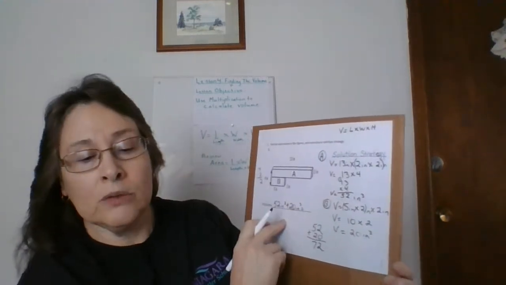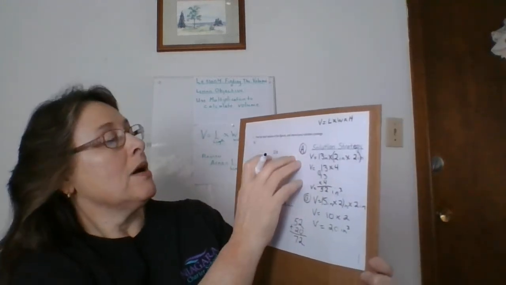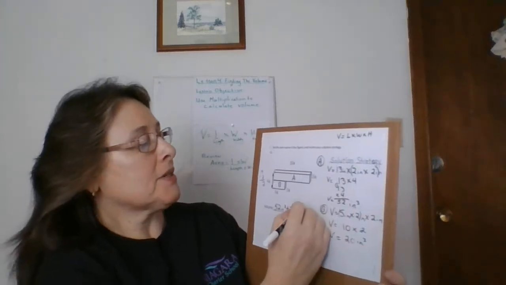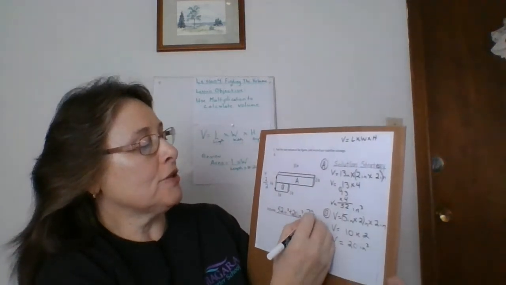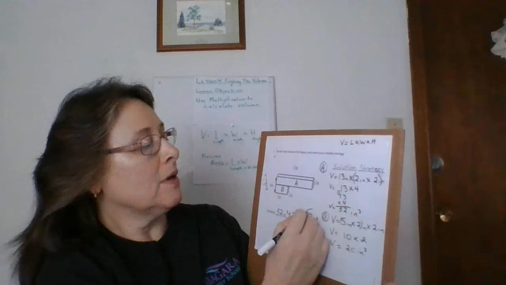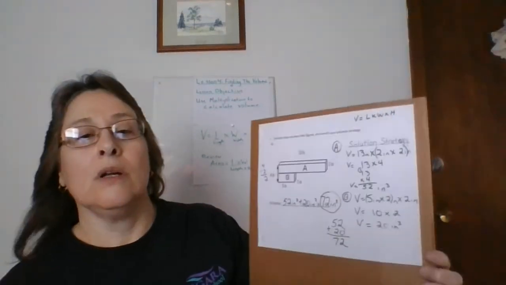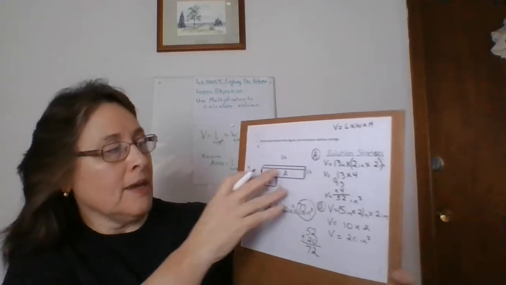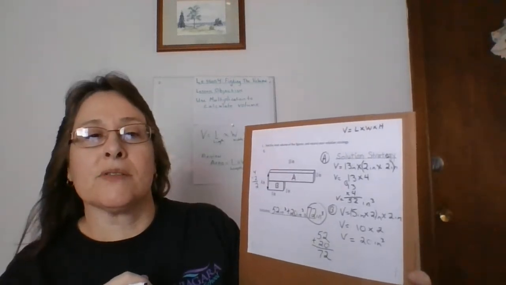So my total volume for the whole box is 72 inches cubed. That is my total volume. So I did it by breaking the two boxes up into two parts.